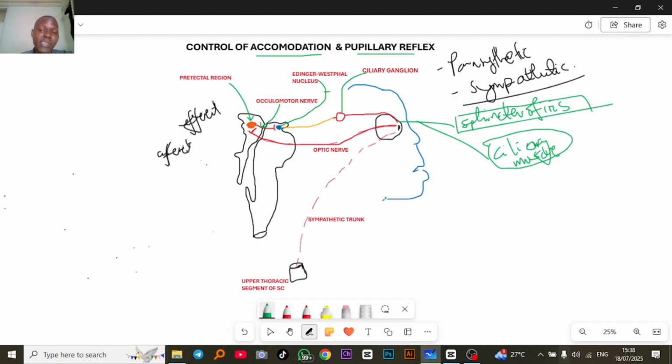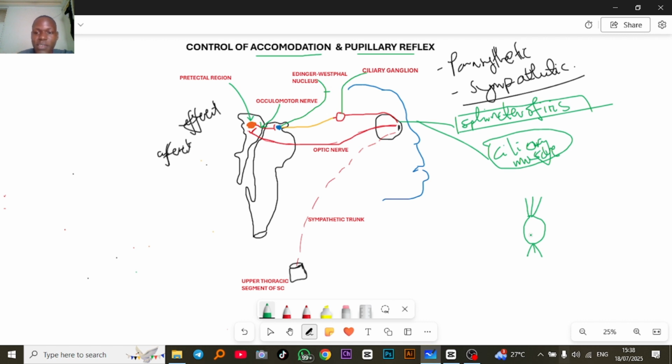Let me try to do it here so that I bring out a clear explanation. We have our suspensory ligaments like this. If tension in these ligaments reduces, it means that the lens will just go back into its convexity.